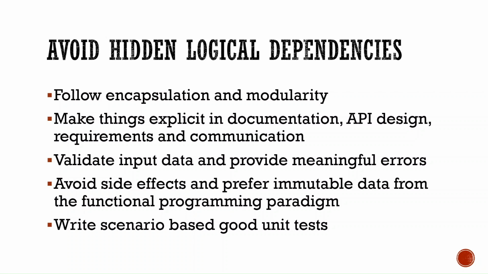And finally, write scenario-based unit tests to validate the behavior and functionality of individual code items. By covering different scenarios and edge cases, unit tests can act as live documentation that helps avoid hidden dependencies. Now let's get back to the code and see how we can fix the problem that we introduced.